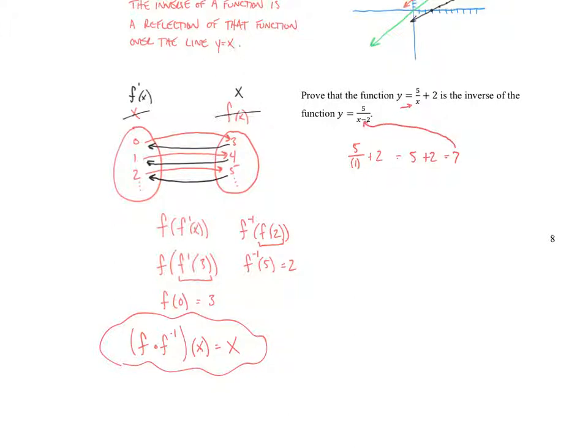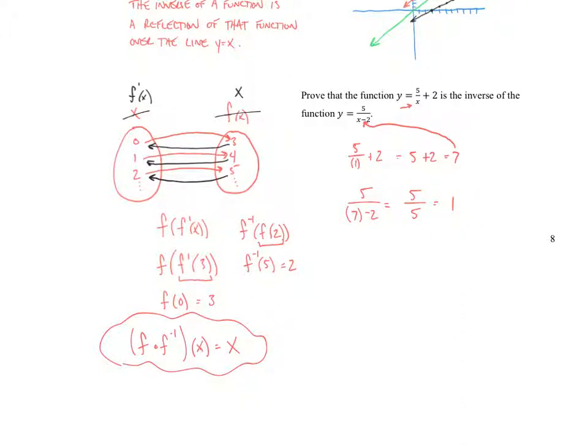And if I get 1, then I've proven, or it's likely, that they are inverses of one another. So I will have 5 over 7 minus 2. 7 minus 2 is 5. 5 over 5 is 1. So right now it's looking pretty good, because what I just did is I composed these functions together and I got exactly what I started with.